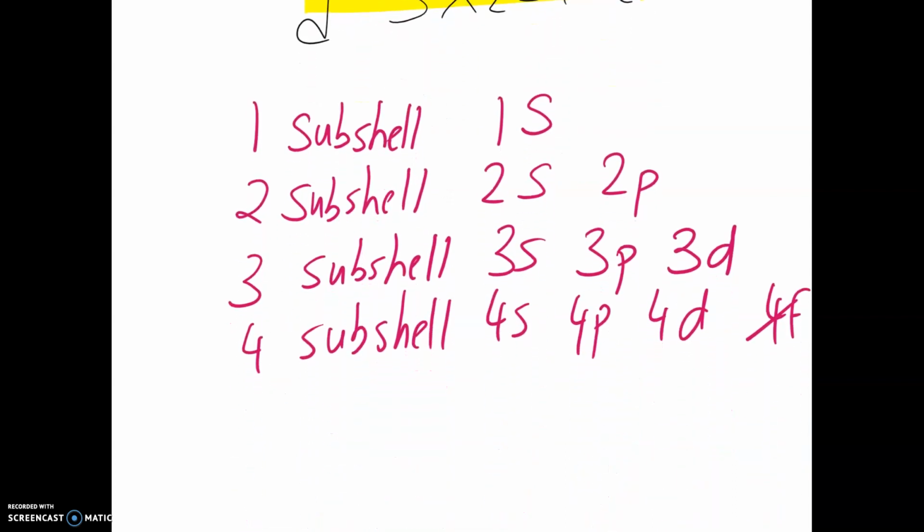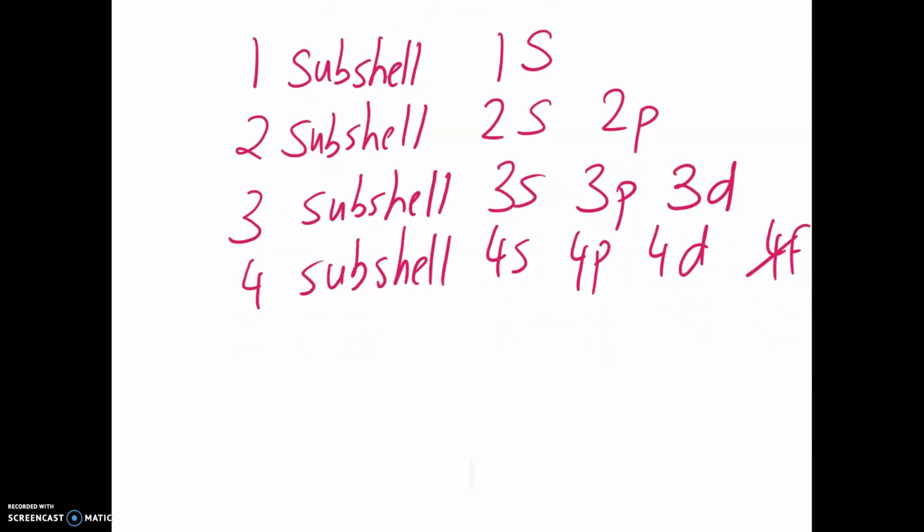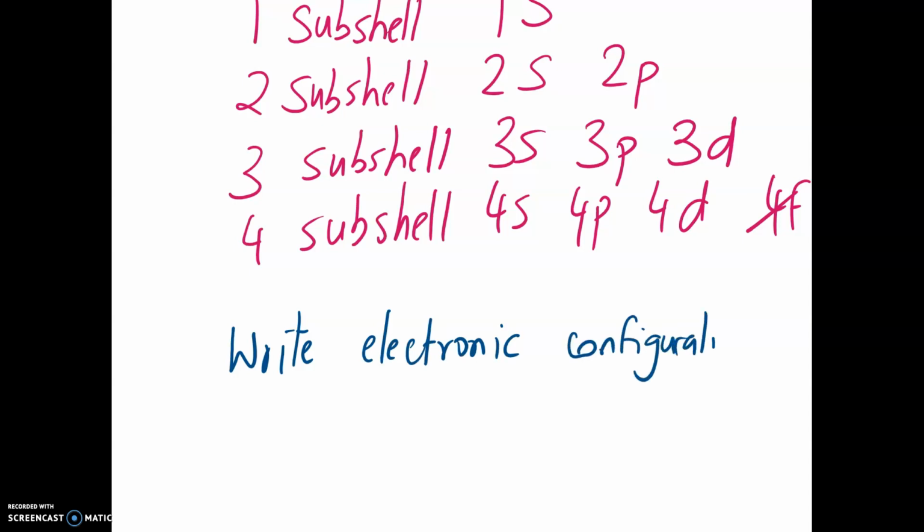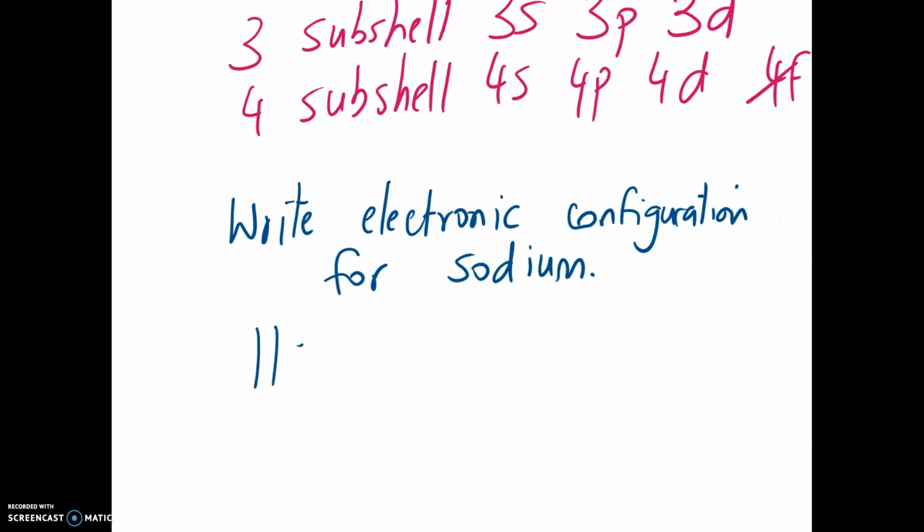So now in terms of your A-level exams, how does that work? If you was to write electronic configuration for sodium, as we know, sodium has 11 electrons.